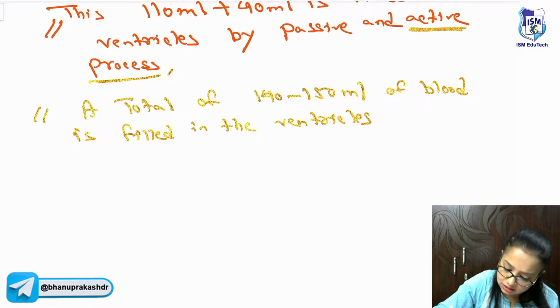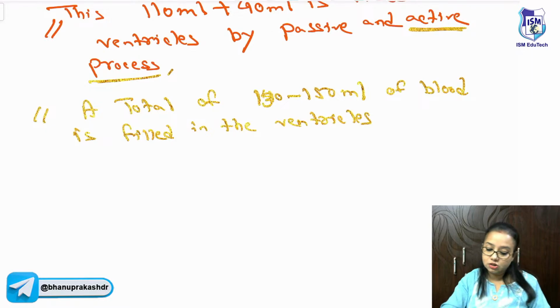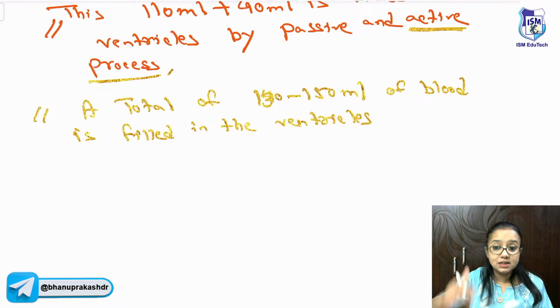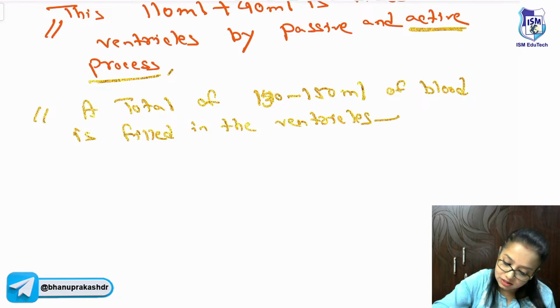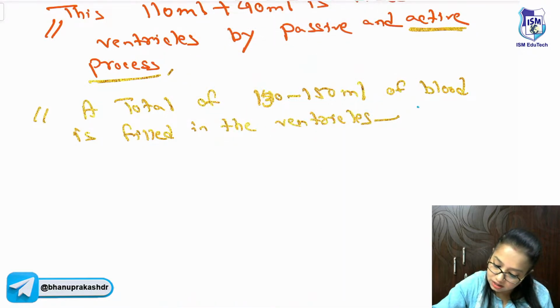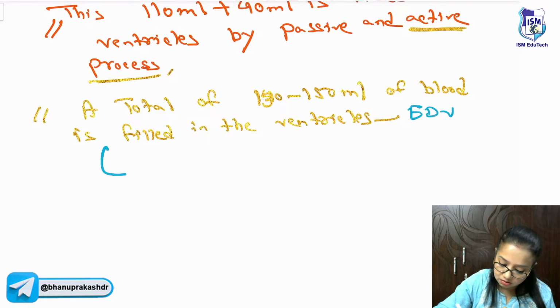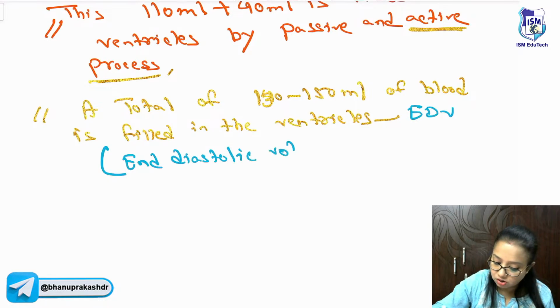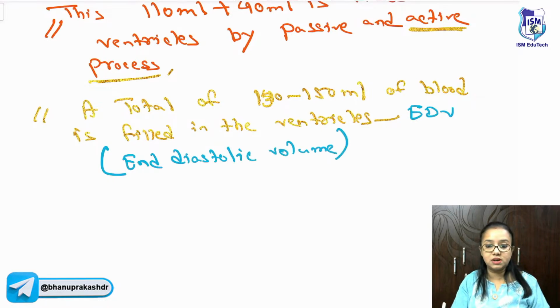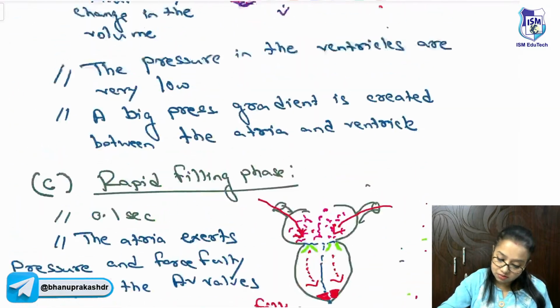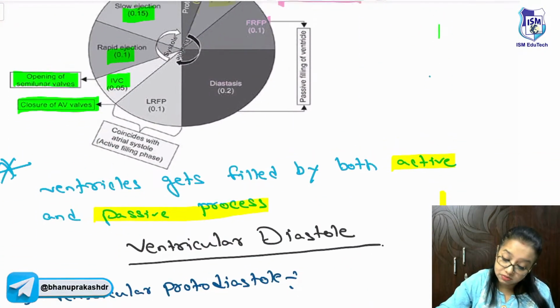It can also be 130 ml. So this amount of blood that is present in the ventricle after it is filled from the atrium by active and passive process is called the end diastolic volume. End diastolic volume means the volume of blood present at the end of the diastole, the end of the relaxation.